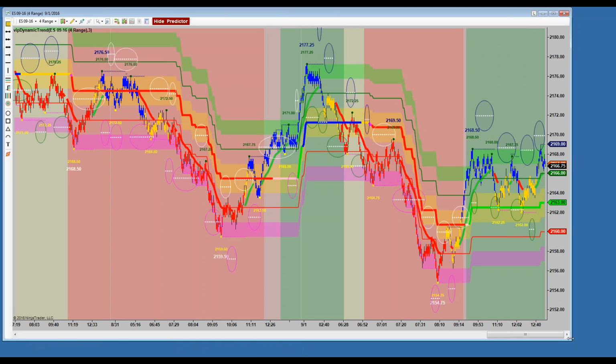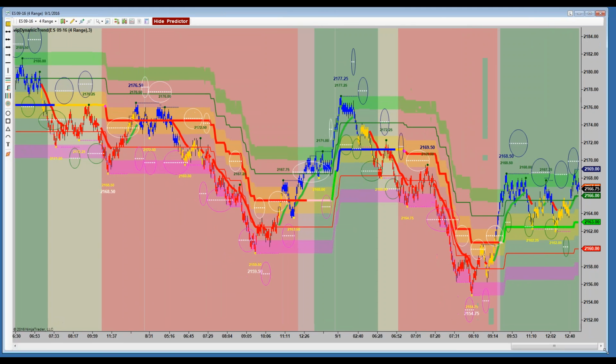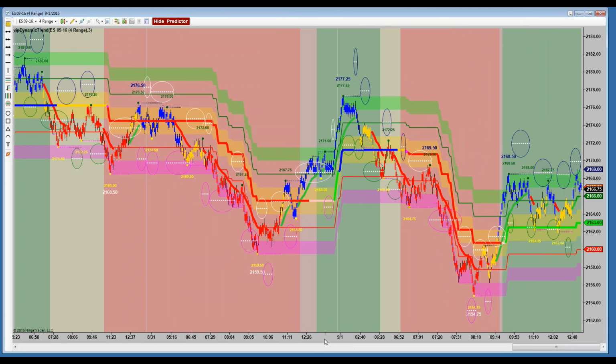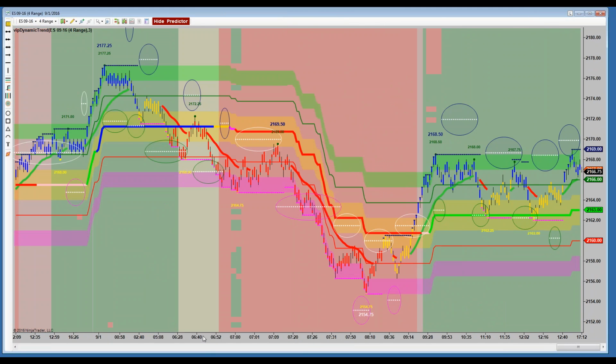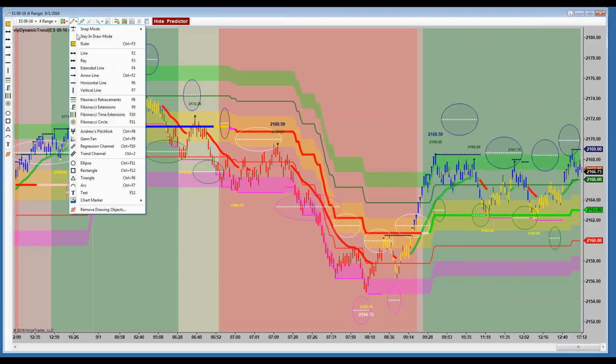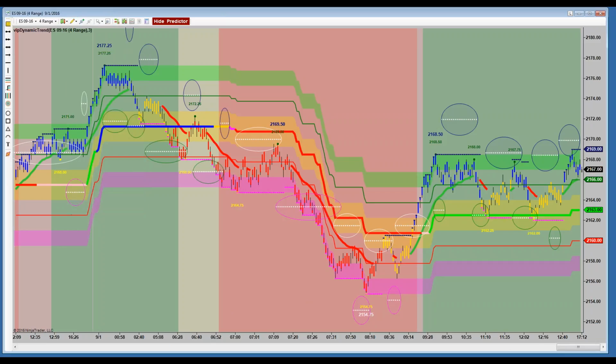Now, what do we notice happening? Let me blow this up so we all get a real good idea of what's going on here. 6:30 on this market, the open was right about here, plus or minus a couple of minutes.